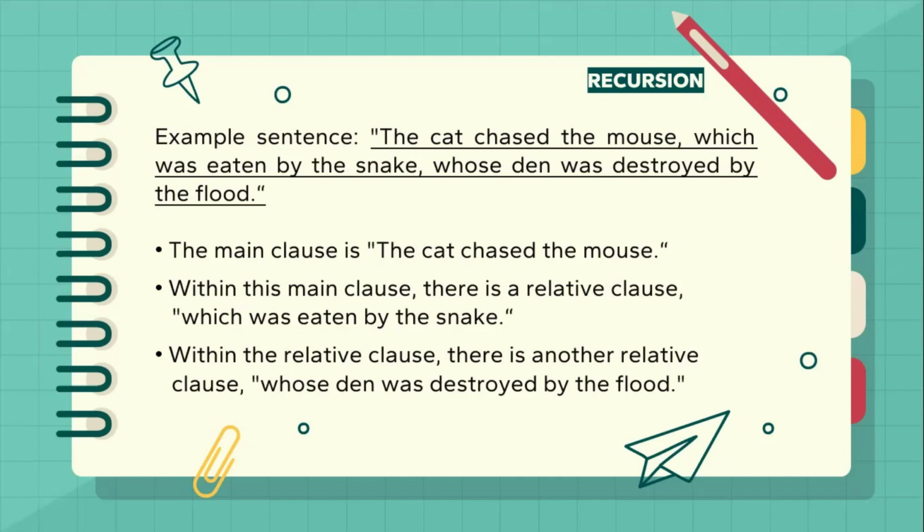Then there are two additional relative clauses, which are which was eaten by the snake and whose den was destroyed by the flood. This sentence is definitely longer, more detailed, more complex, and its meaning becomes deeper, not just about the cat chasing the mouse.